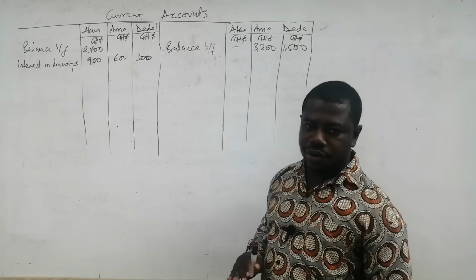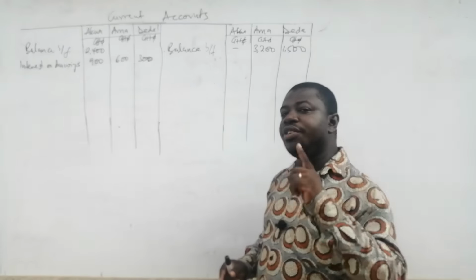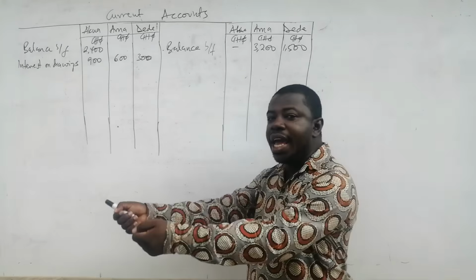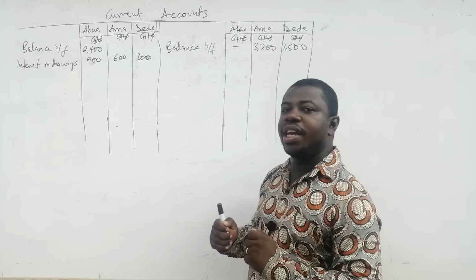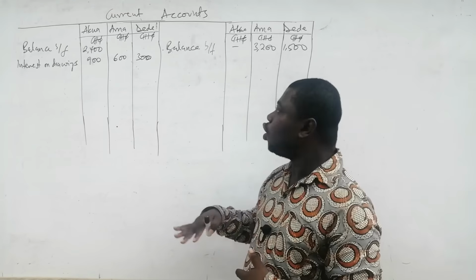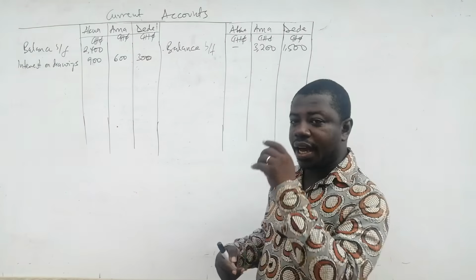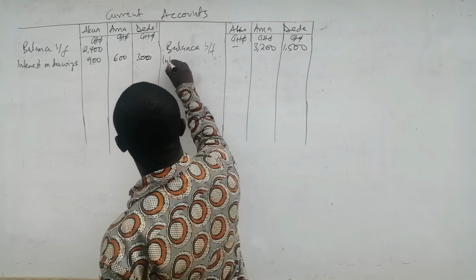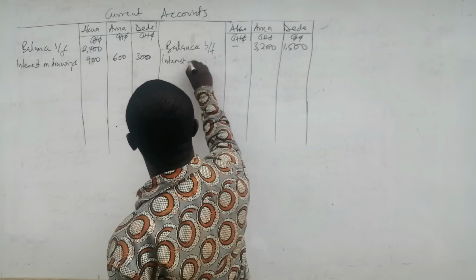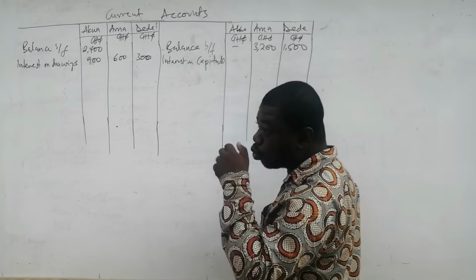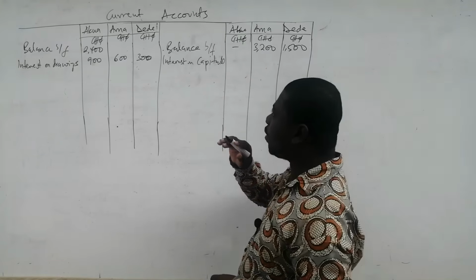And when we come to the credit side, remember that interest on capitals was reduced from the profit because the business is paying to the partners. And when the business is paying to the partners, these are accounts of the partners, so they are receiving. So they credit the account to show that they are receiving, because this has a credit balance. And so interest on capitals will be credited to the current account to show an increase in their current account balance.